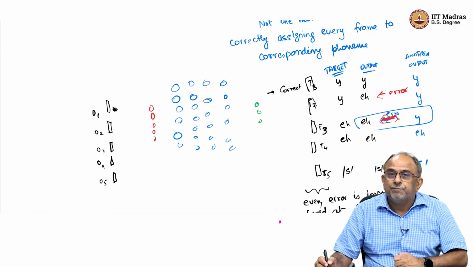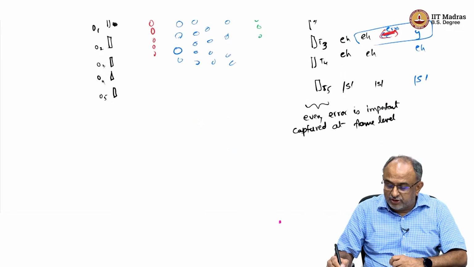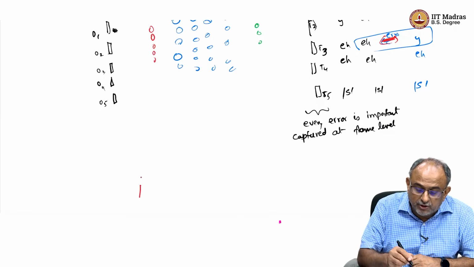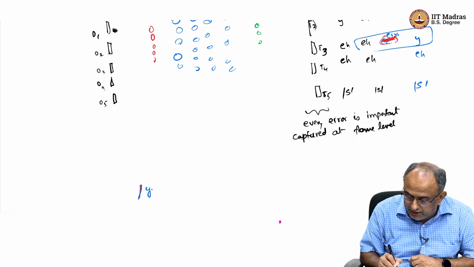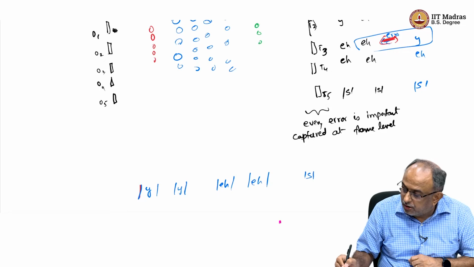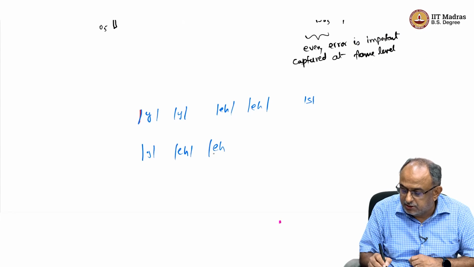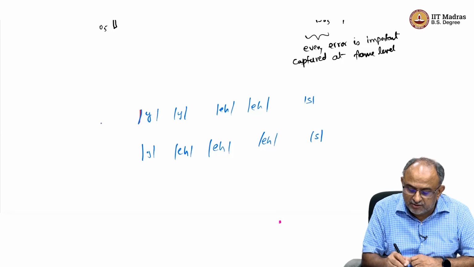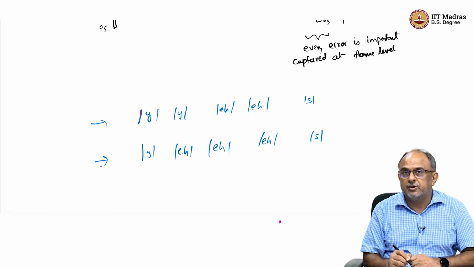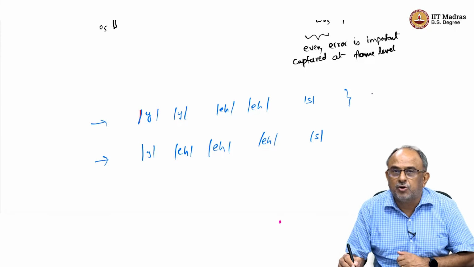On the other hand, the simpler problem is I don't care, if I get the correct sequence of sounds. So, if I get y e h s, or y e h s, all of these are equally correct, right. Because what am I going to do?